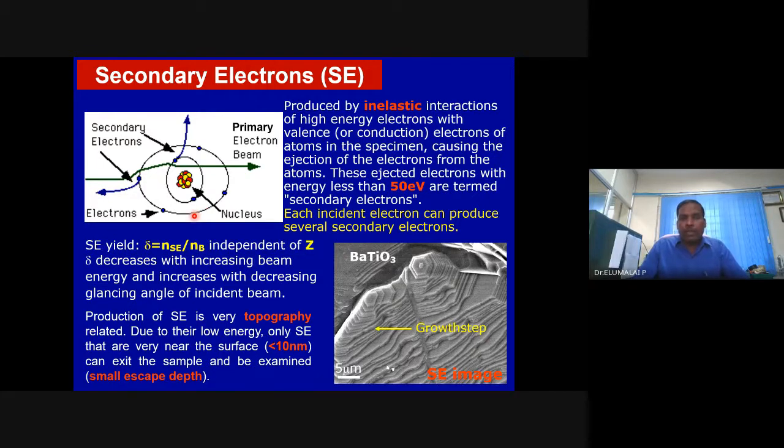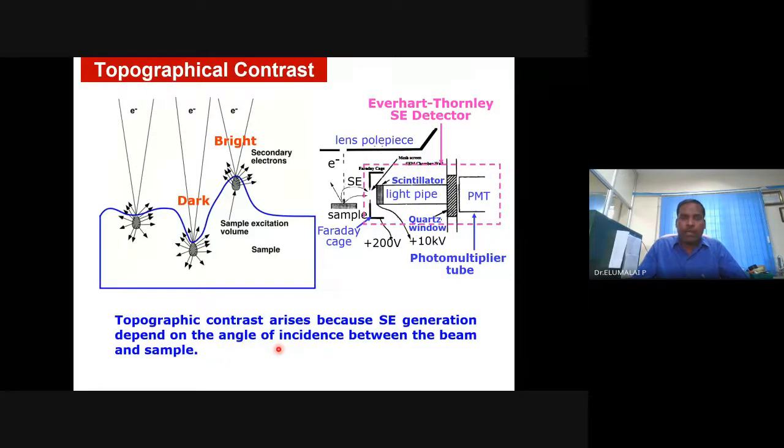How much intensity you can get depends on the depth. The secondary electron intensity is related to how much depth you can focus on the sample. Based on that, you quantify that intensity and convert it into an image. This is how you'll get it.